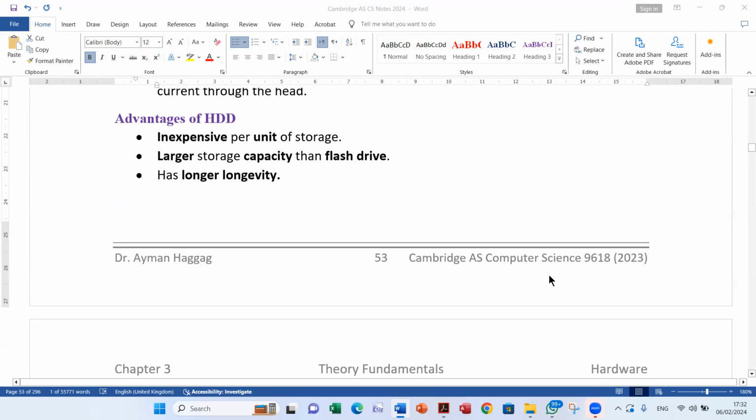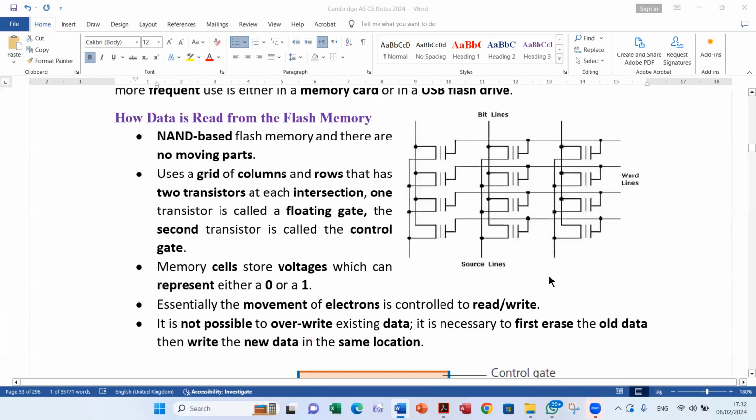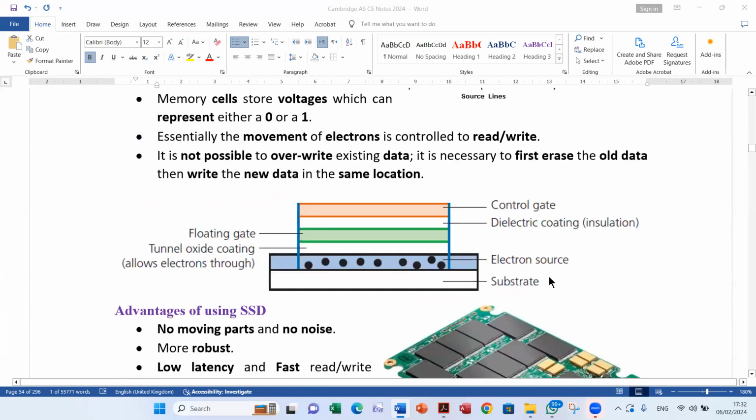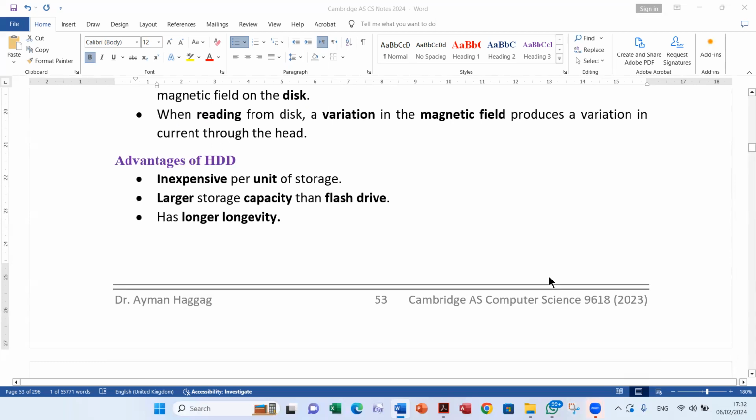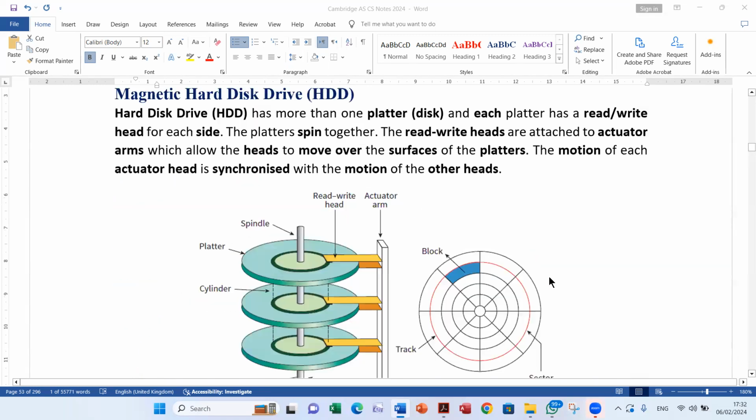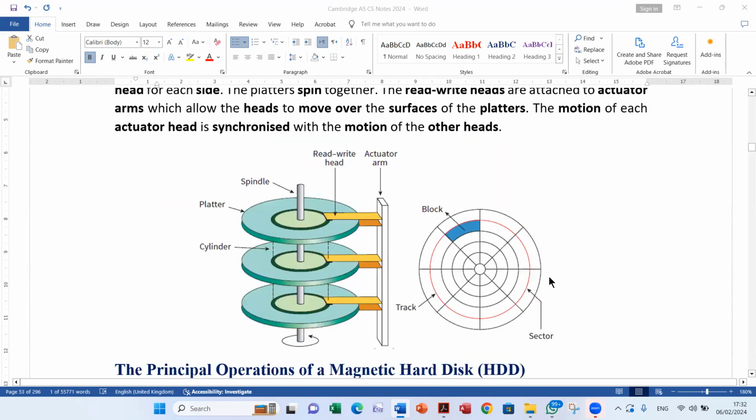However, there are advantages of the HDD compared to the SSD. It is inexpensive; the SSD is more expensive. It has larger storage capacity than the SSD. It has longer longevity, which means a longer lifetime, reading and writing to it millions of times every day.